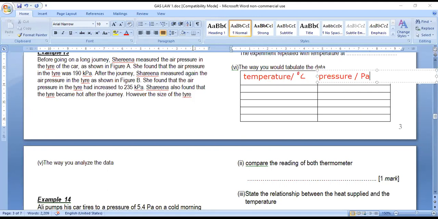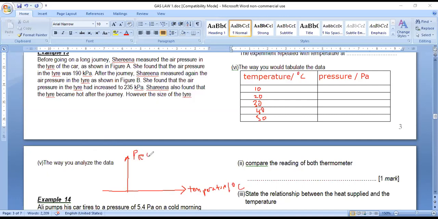The way you analyze is to draw a graph of pressure in Pascal against temperature in degrees Celsius.